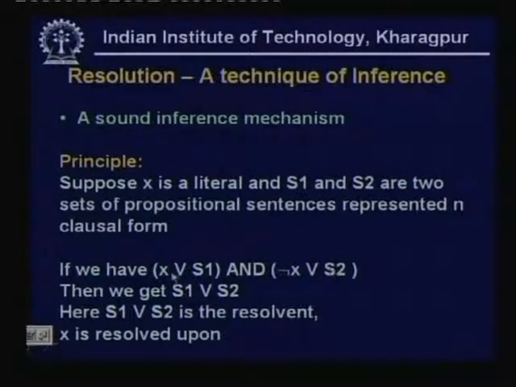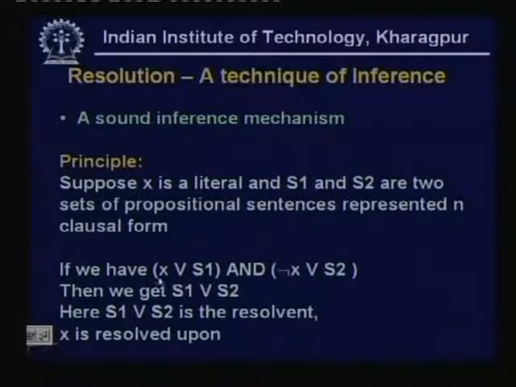This is the basic principle that you can easily prove. If we apply associativity over here, then again we will have false or S1 or S2. So, then we get S1 or S2.